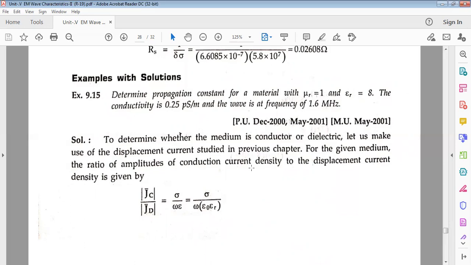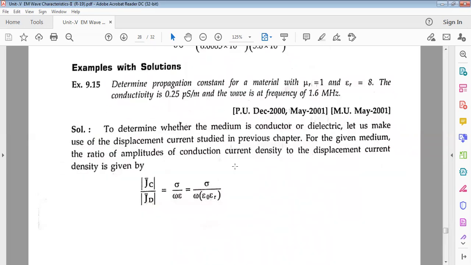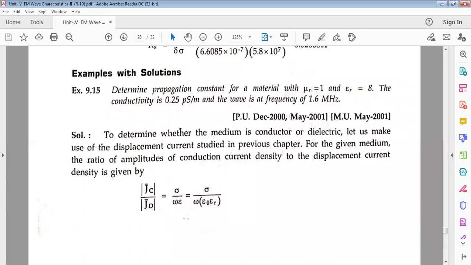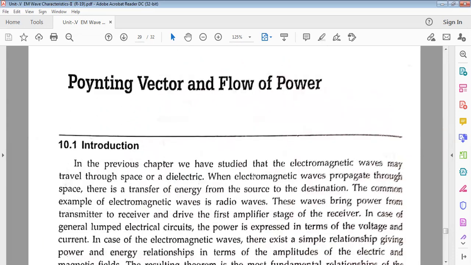Mu r is given as 1 only, no need of it here. Directly, substituting the values of the conductivity and epsilon naught, you'll get the value. Next topic is Poynting vector or the Poynting theorem.